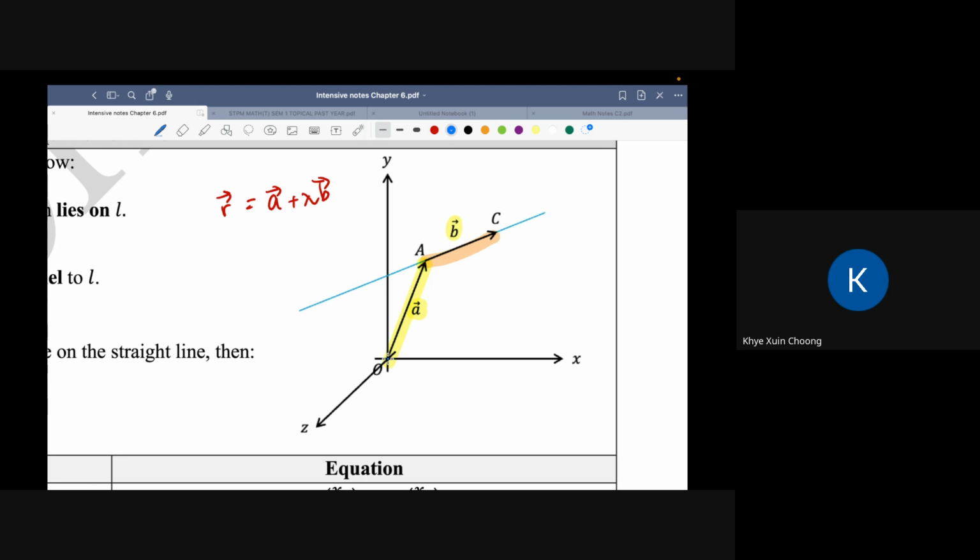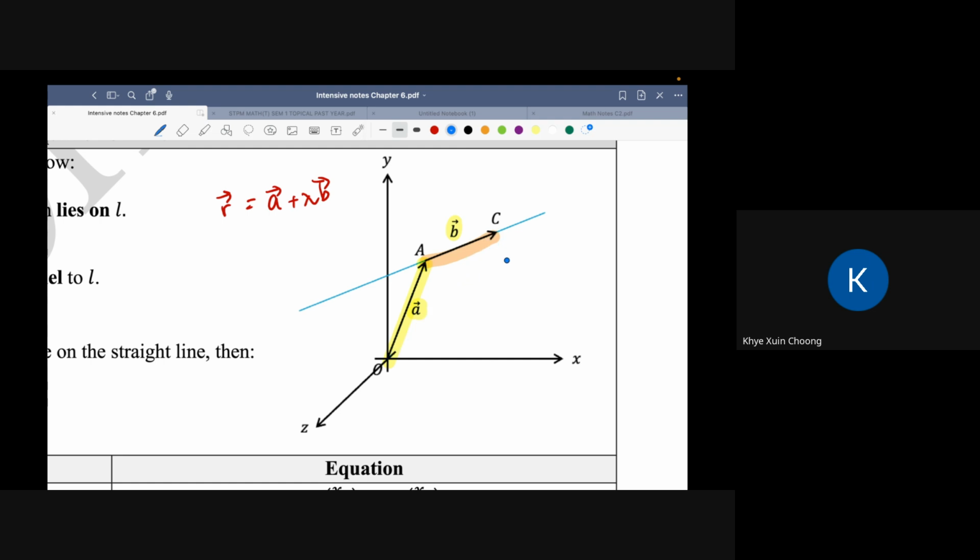So the vector R is some random vector R, let's say over here. A plus lambda B will equal R. This is the R vector. We want to know this R, the position vector of some point.